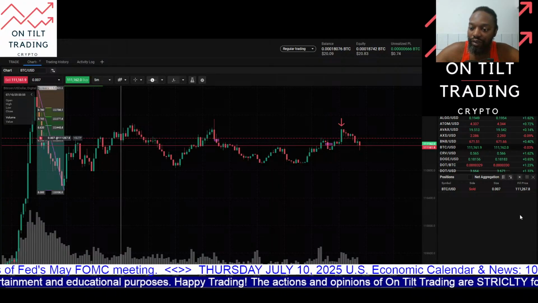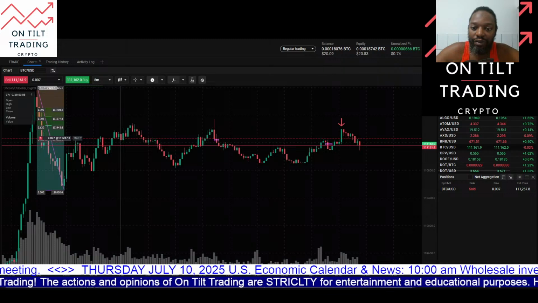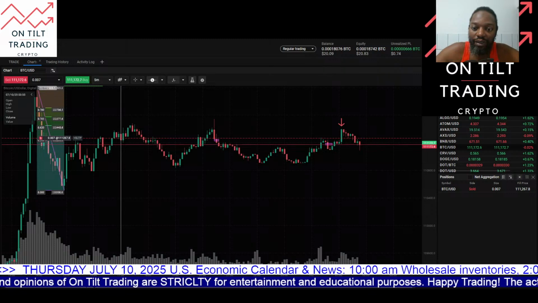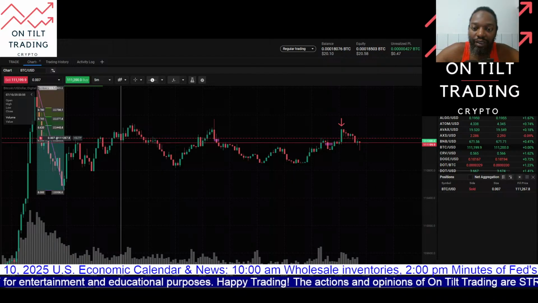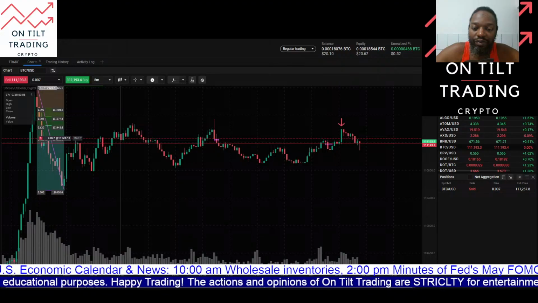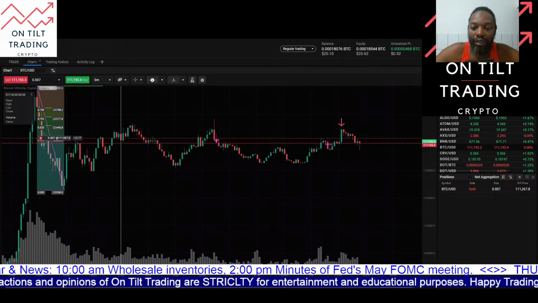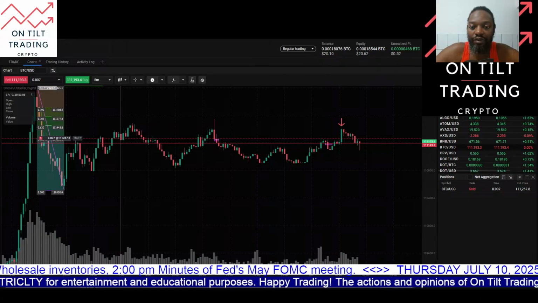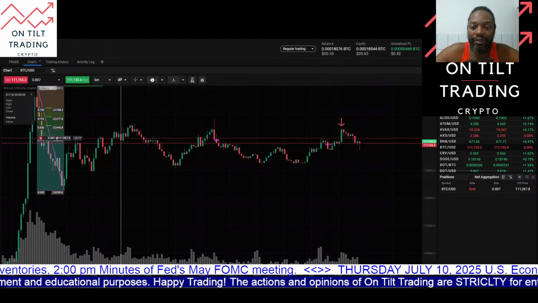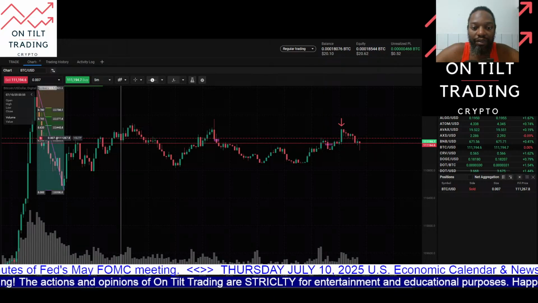So any sell side liquidity below this swing low has now been swept. This internal liquidity here below this swing low has been swept out as well. So both sell side liquidity areas down here, these internal sell side liquidity areas, have been swept.